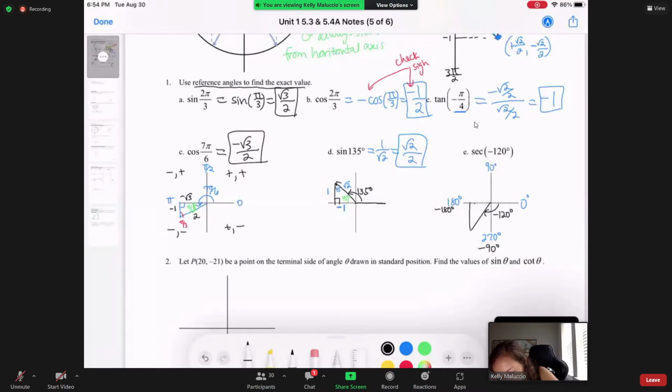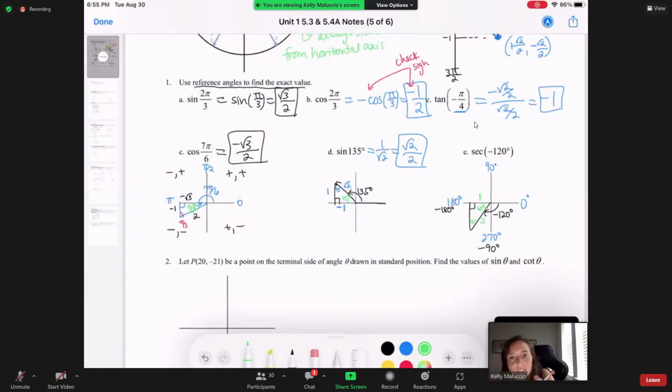I can draw a right triangle and say this reference angle is going to be 180 minus 120, so 60 degrees. So it's a 30, 60, 90 triangle, and I know that triangle looks like this. The 1 is adjacent.